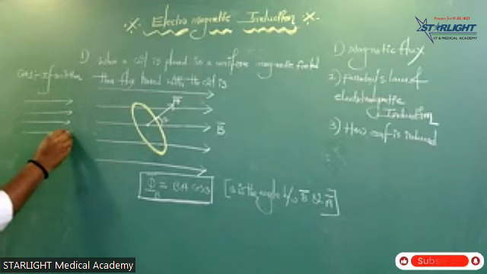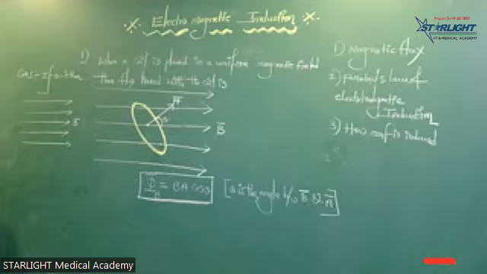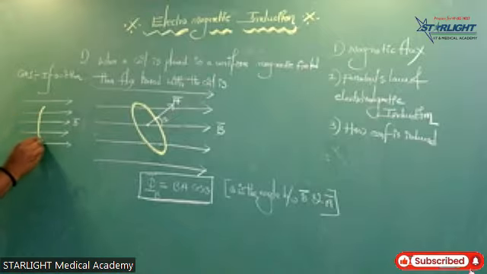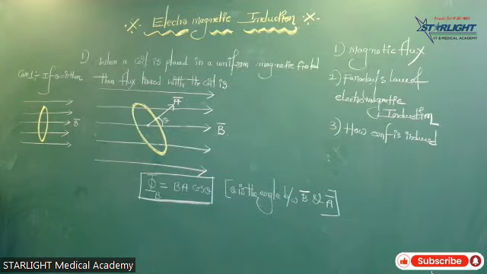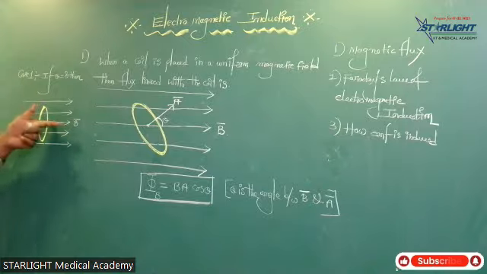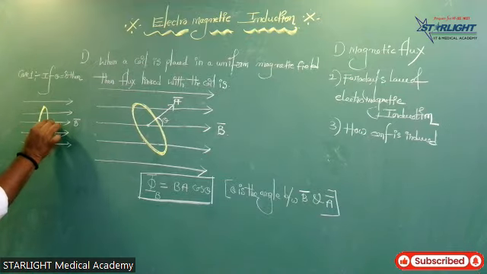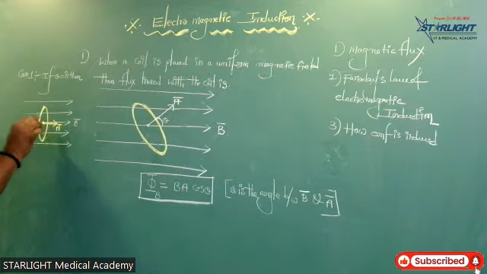B bar, magnetic field lines. Now the coil is as like this. So this is the coil. Here, the area of the coil is also in same direction. A bar and B bar both are in same direction. Angle between A bar and B bar is 0.